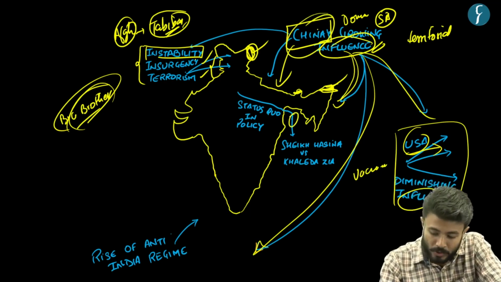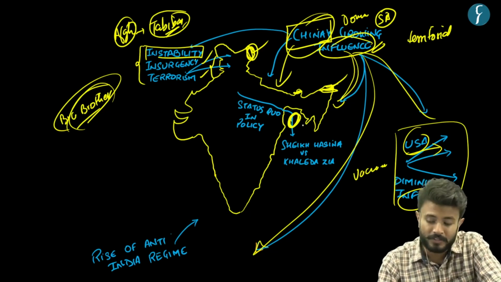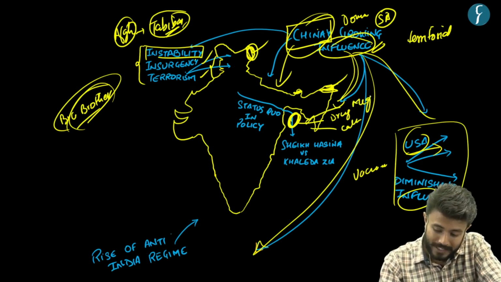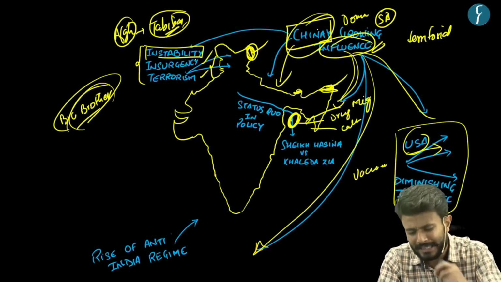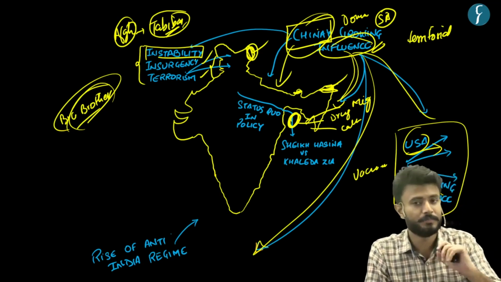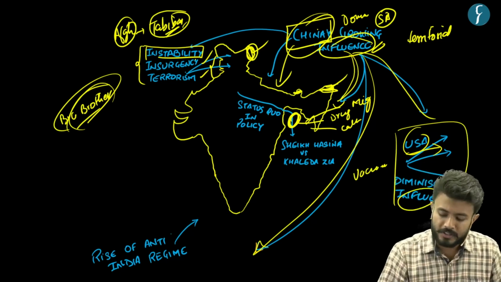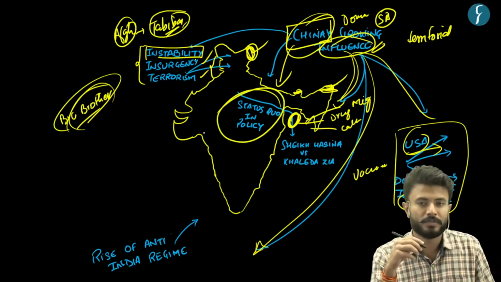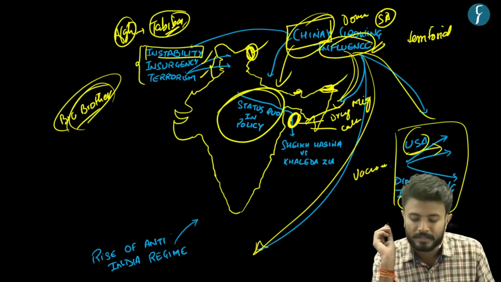When we have to talk about another neighboring country, Bangladesh, here there are issues of drug trafficking, cattle smuggling, illegal migration, etc. Then in this context, there is also another important challenge when it comes to policy formulations. Experts believe that India still has a status quo in policy formulations. What do we mean by this?